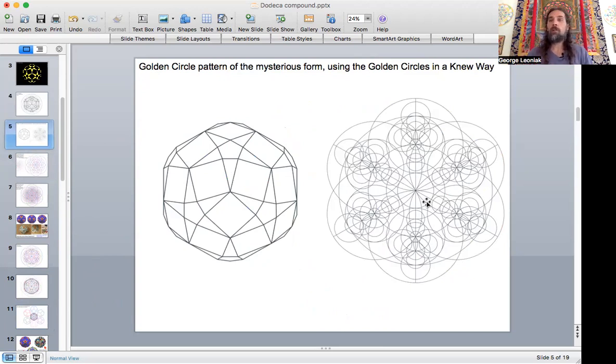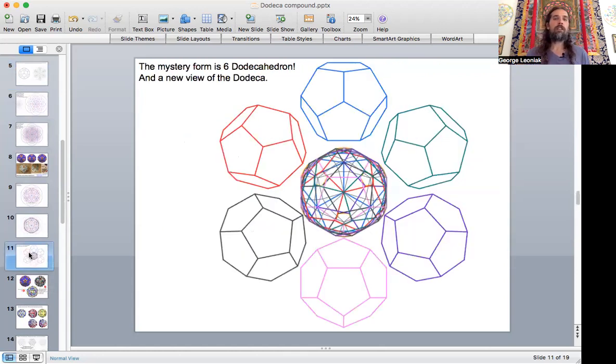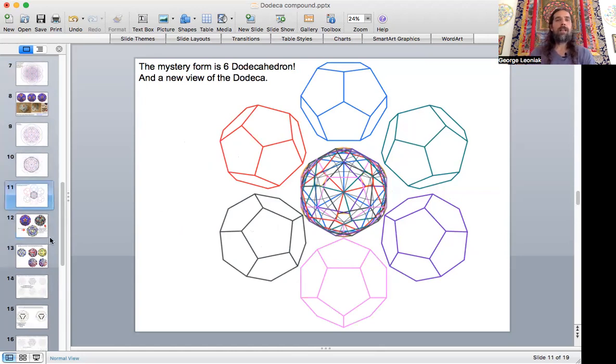Now, it's easy to get the golden circles. Some of my other videos talk about that. It's like one extra step, a couple extra steps, and change your compass and you're good to go. But really, at the heart of what I'm discovering with KNEW geometry here is the integration of the 5 circles, which is really the main thing that was left out in my journey, in my process of remembering. And I'm still in the deep process of remembering the sacred geometry.